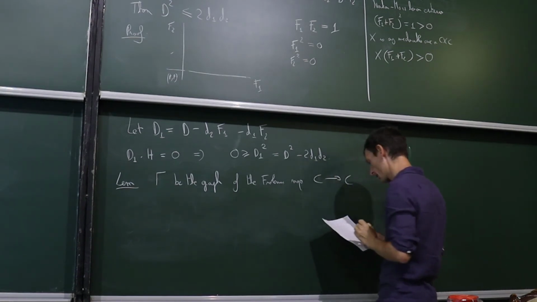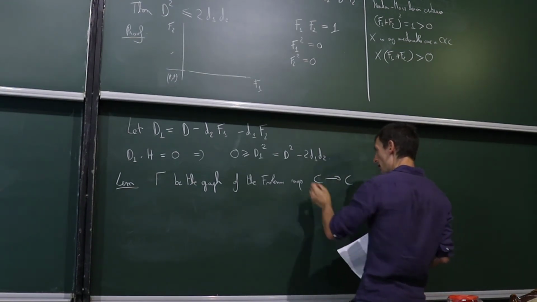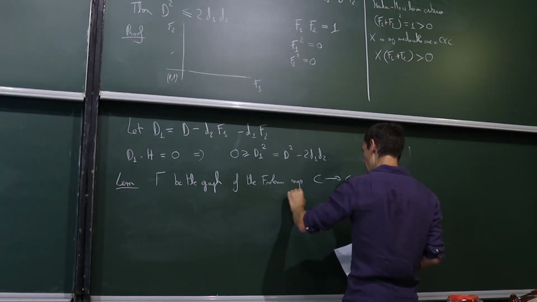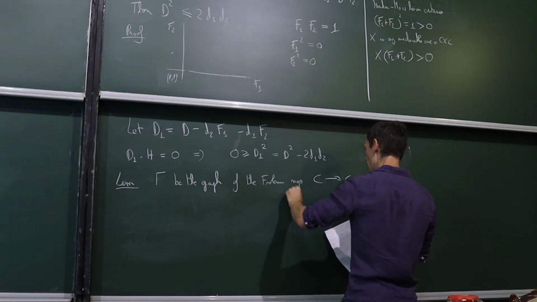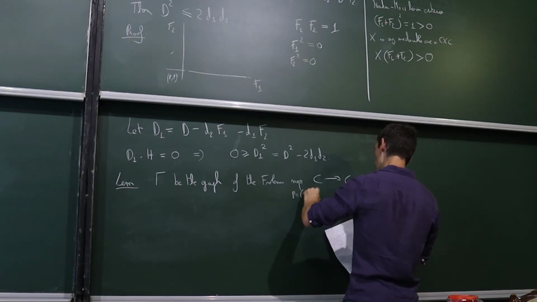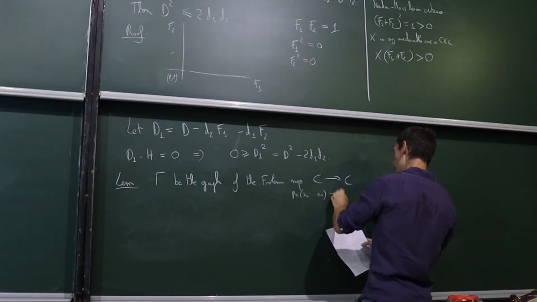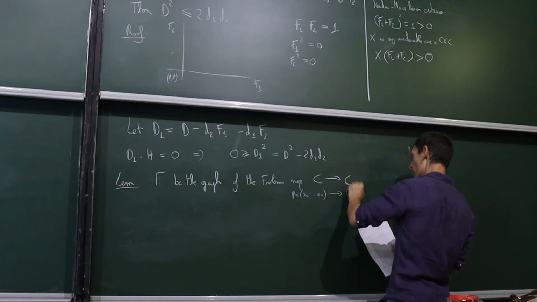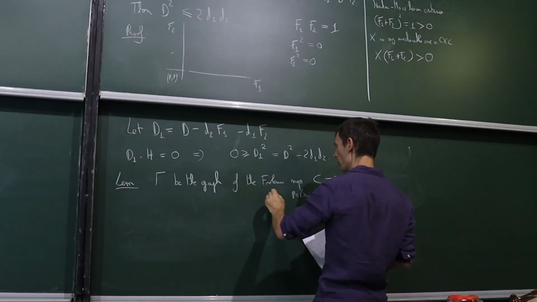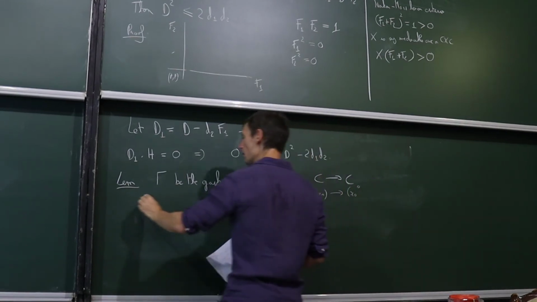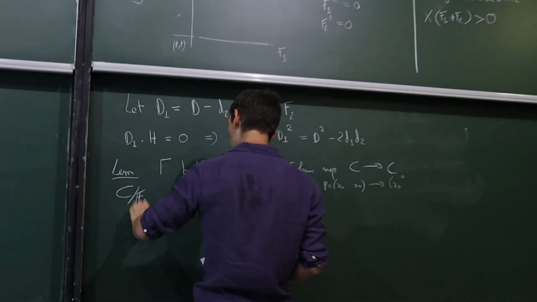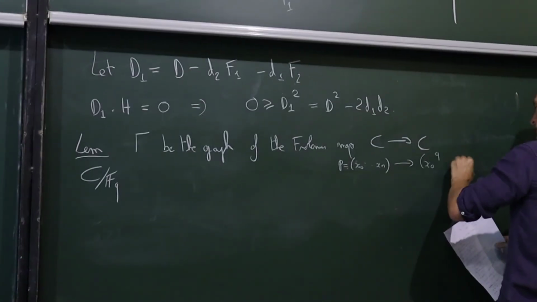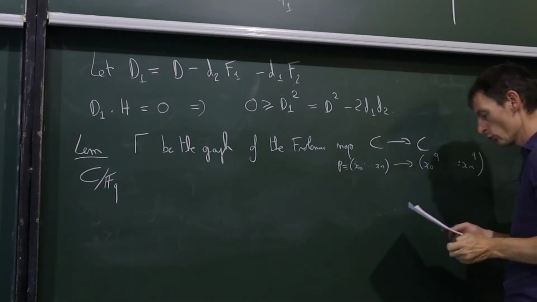So I'm going to say more exactly what it is. If I take a projective embedding of C in some projective space, then I can look at a point P with coordinates x0 up to xn. This map is simply the map that to P associates, since C is a curve over Fq, x0 to the q up to xn to the q.